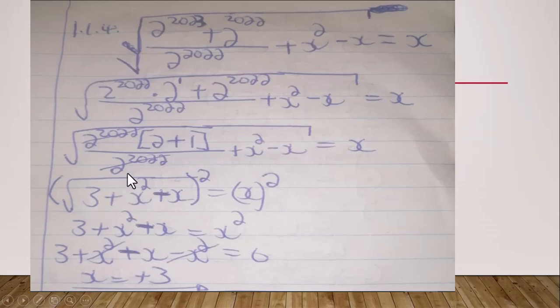And then when you are here, 2 plus 1 is 3, you have x squared minus x, that is equals to x. You want to get rid of the square root, you will square both sides, and then square root and 2 goes once into each other. You are left with 3 plus x squared minus x equals x squared.